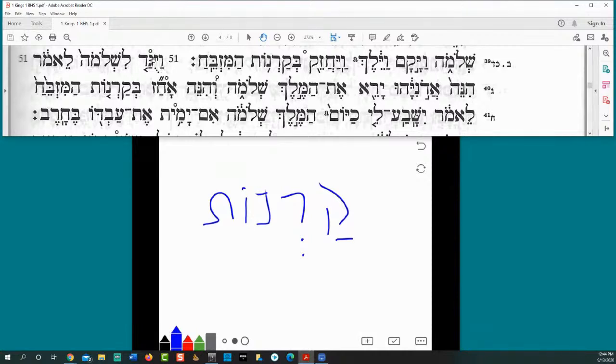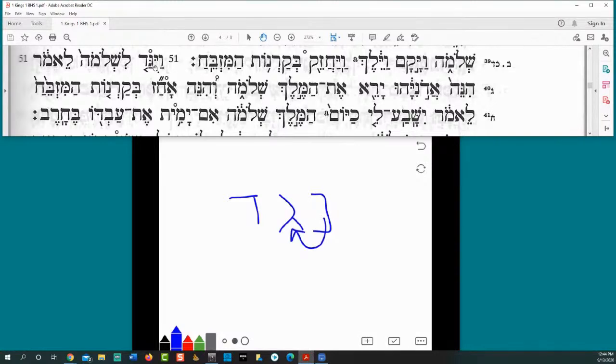If you remember Nagad, we looked at this earlier, like to report, to tell. The nun assimilates into the Gimel in the Hiphil form. So instead of Hingid, you get Higid. It just goes into the Gimel there.